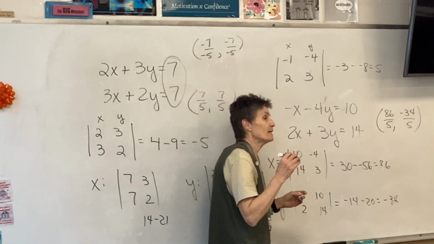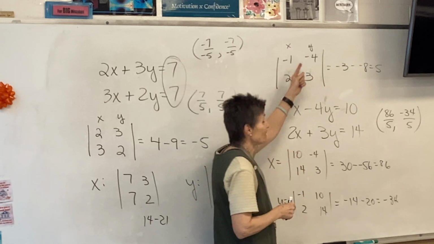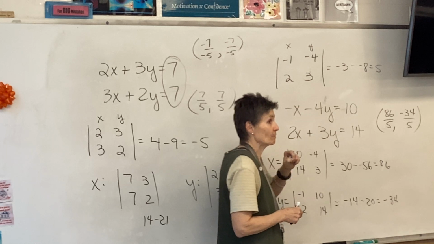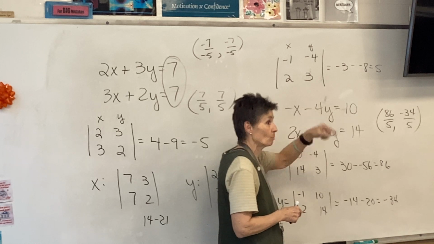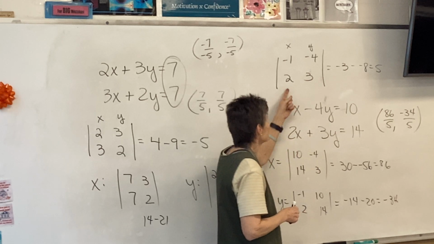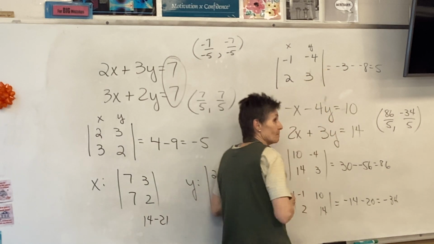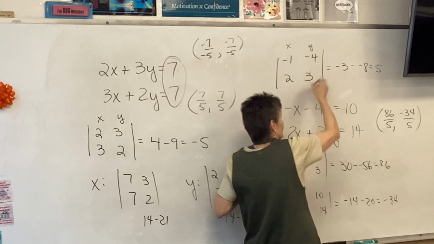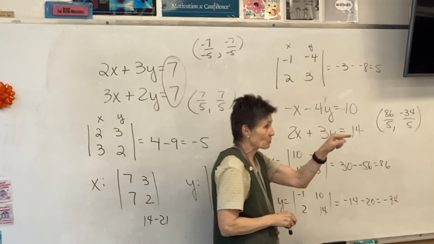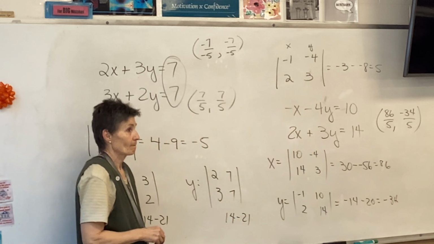If I told you to copy this down on your paper, what would be the first number you would write down? -3. Whatever number you wrote down first, that's where you start multiplying. -1. There you go.